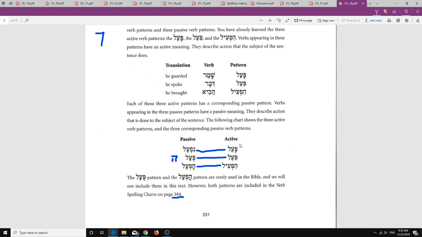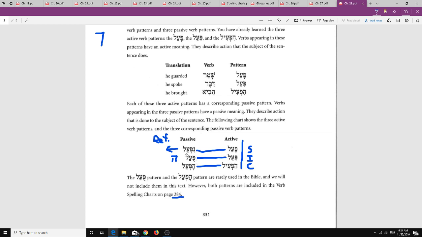So the chart that we showed last week is kind of sideways from this. We have our simple action, our intensive action, and our causative action, active and passive voice. And then we also have a reflexive kind of meaning. And if you remember, the niphal can be passive or reflexive. So it could be over here as well. So it goes in both of these.